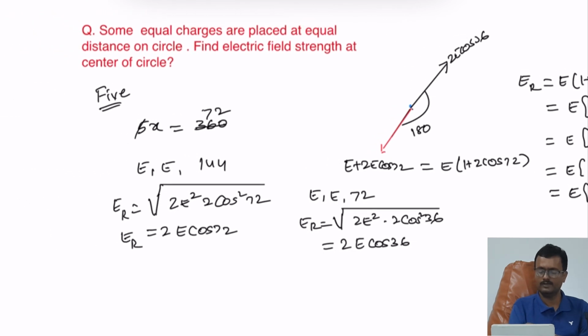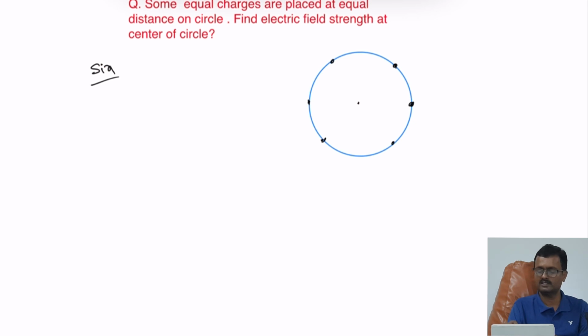So if there are 5 charges on a circle at equal distances, then the electric field strength at the center is 0. Suppose we take 6 charges at equal distances on the circle.